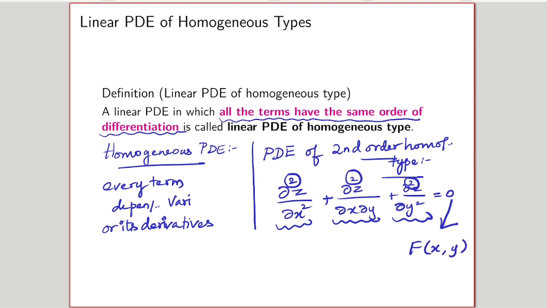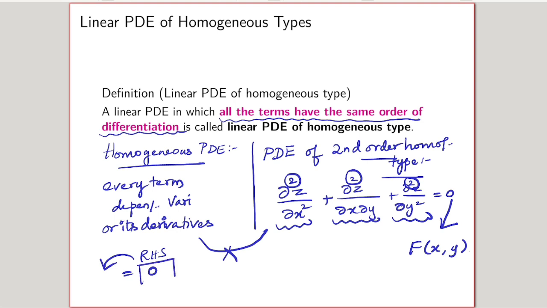So from this definition itself, we can understand there is no relation between a homogeneous PDE and a PDE of homogeneous type. Because in a homogeneous PDE, the right hand side should always be 0, if we bring all the dependent variable and its derivative terms to the left hand side.